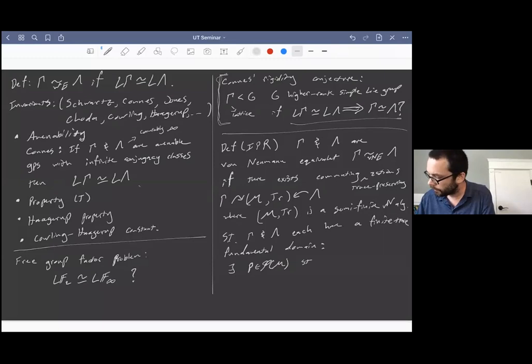So if we take the sum over all t in Gamma of t times this p, this should be the identity in M. If you take your commutative definition and think of a fundamental domain there, and take the characteristic function of that fundamental domain, that will exactly be a projection in L infinity which has this property. So this is a straightforward generalization of the notion in the commutative case.